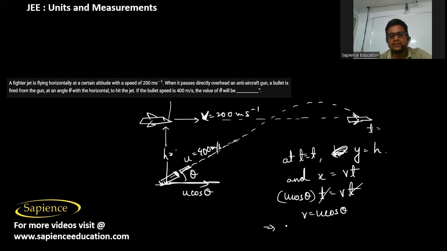Here v is 200, so 200 should be equal to 400 cos theta. Therefore cos theta should be equal to 1 by 2, so theta should be equal to 60 degrees. If it is projected at an angle of 60 degrees, then only it can hit the jet plane.